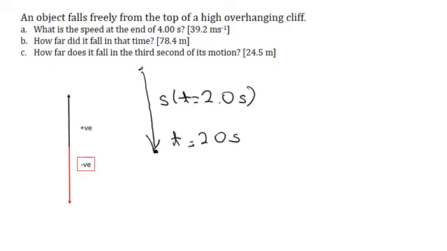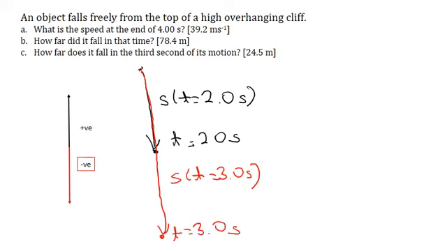And let us assume at 3 seconds, the object is over here. So this red arrow represents the displacement vector at t equals 3.0 seconds. So this is where the object is at t equals 3.0 seconds. So what we are looking for is this particular distance. I will just call it S, and let us calculate S.